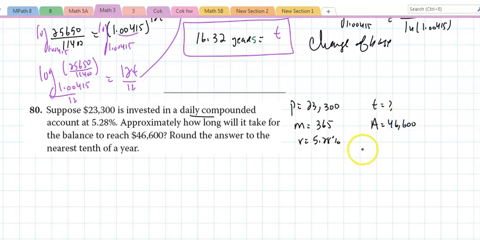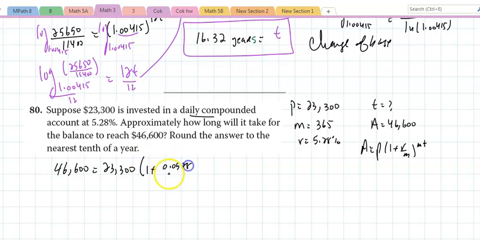So the formula, of course, is A equal P into 1 plus R over M raised to the MT. So here we want double the amount. One plus R was 0.0528, M was 365, and 365T.